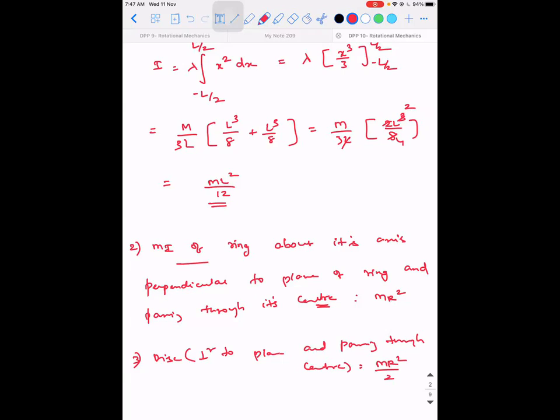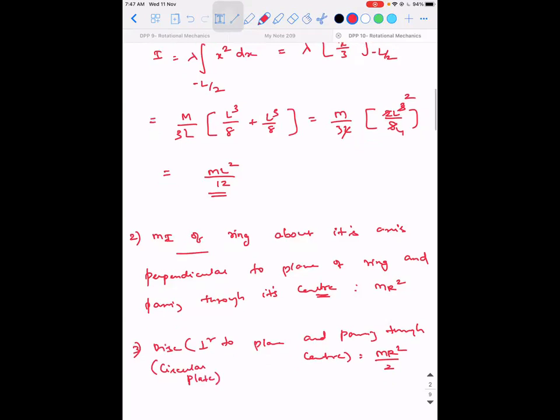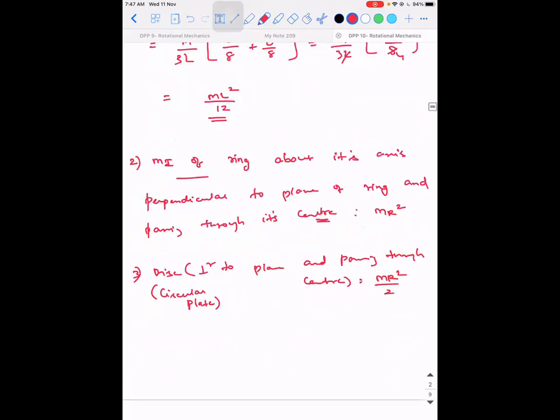The disk is also sometimes in the questions given as circular plate. So this also should be understood. Next. Fourth, cylinder about its axis. So when I say cylinder, I'm talking about a solid cylinder. When you're talking about a solid cylinder, it is mr square divided by 2 when it is passing through its axis.